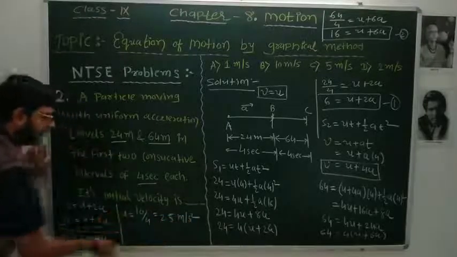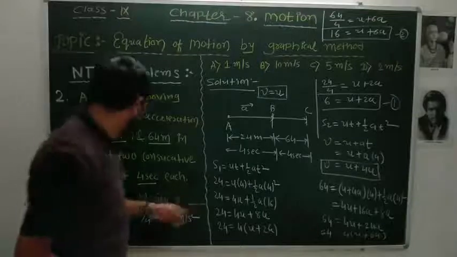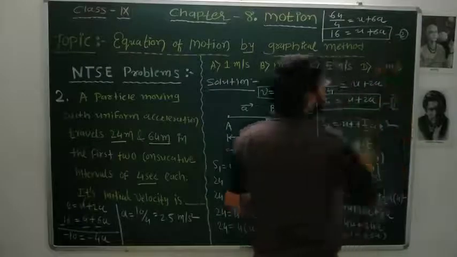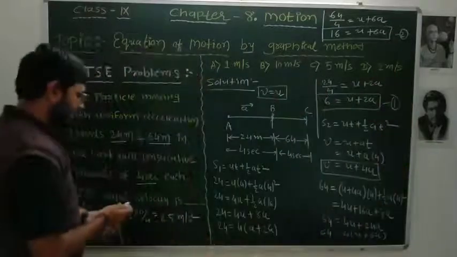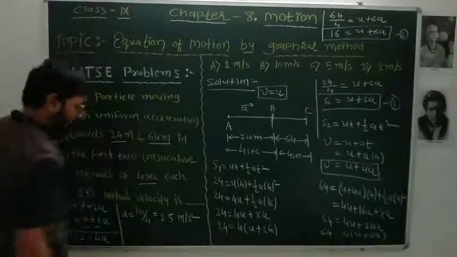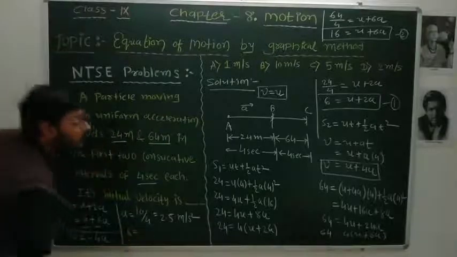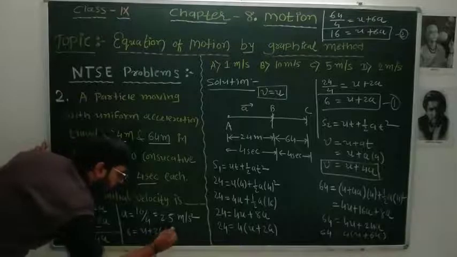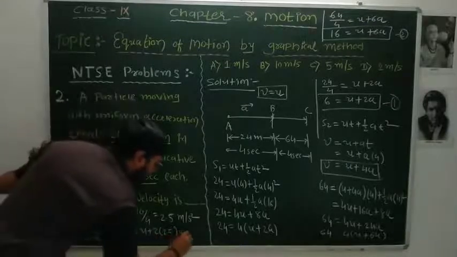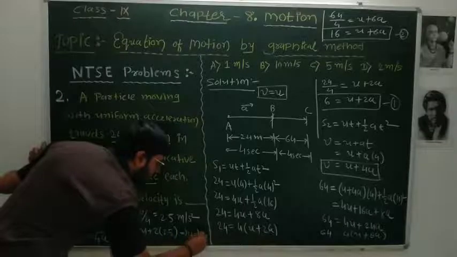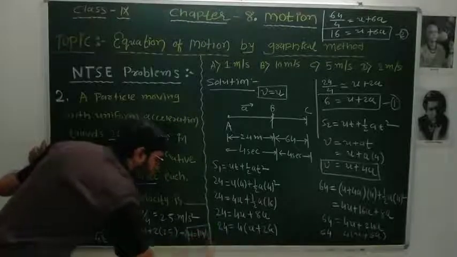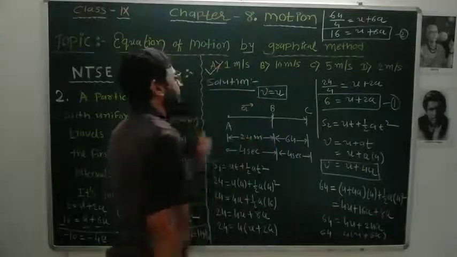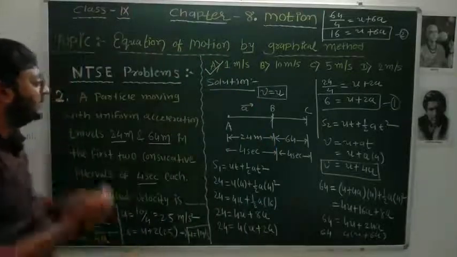Now we put this acceleration value in equation number 1 or equation number 2, whichever. So we put this value in equation 1. Here we get 6 is equal to u plus 2 times 2.5. So finally we get u is equal to 1 meter per second. So our answer is A, 1 meter per second. Option A is correct.